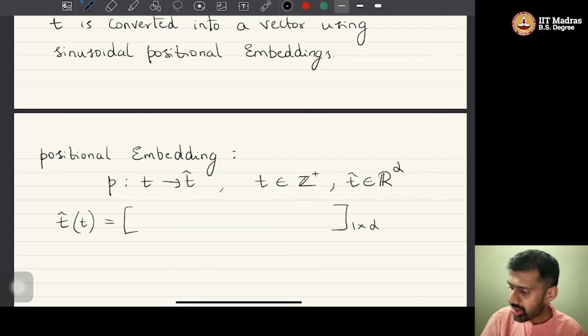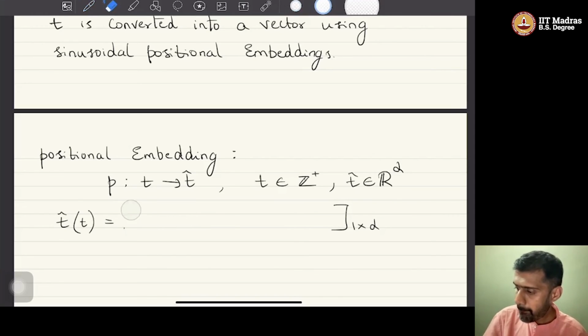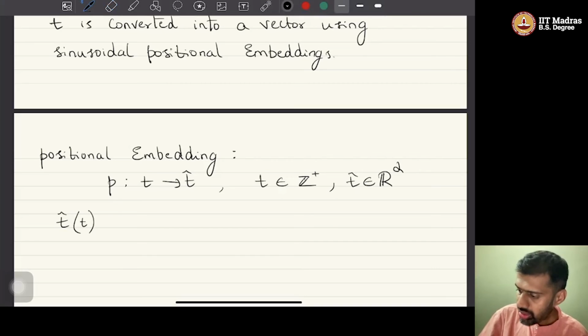So, it is given by sine of w_k t. The ith row of this is given by sine of w_k t if i is equal to 2k, that is, if it's even.